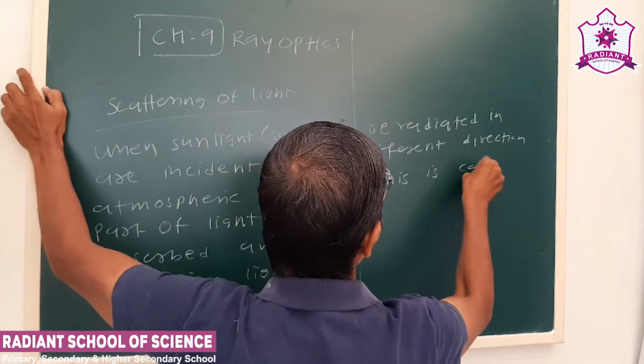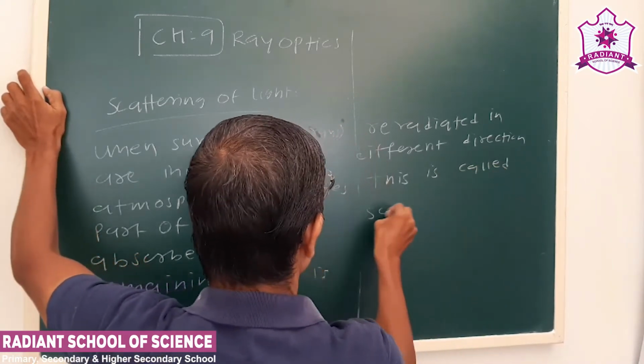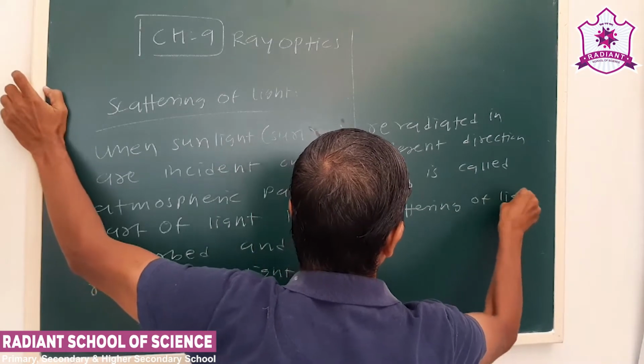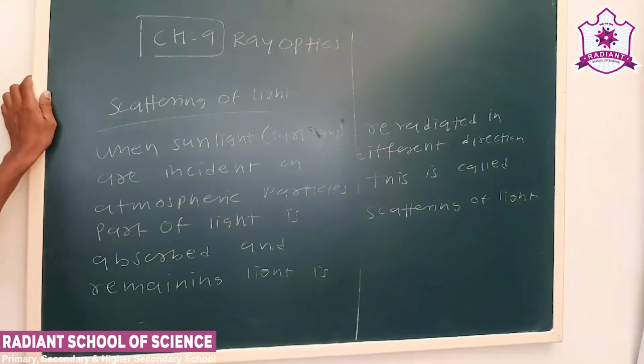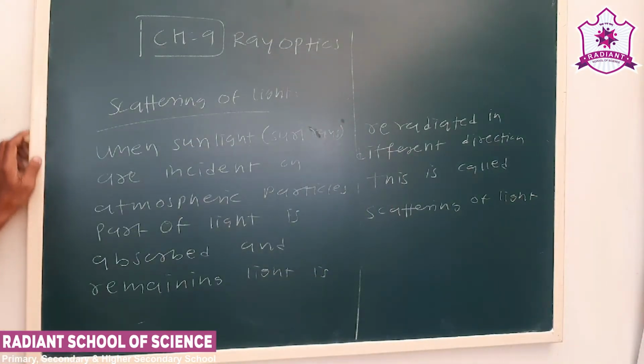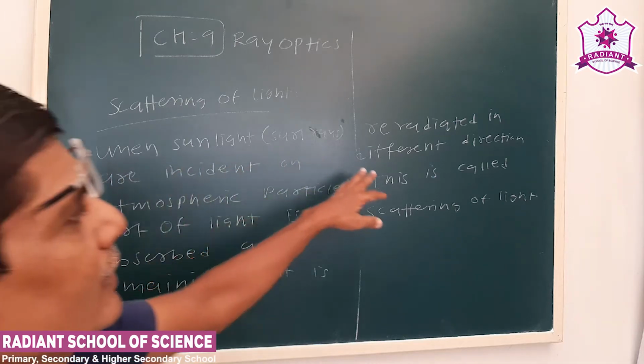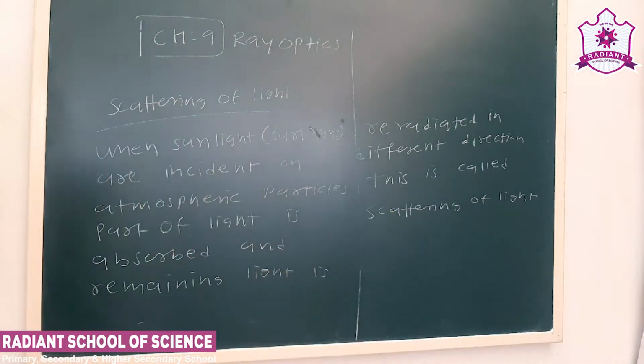This is called scattering of light. See, when sunlight or sun rays fall on or are incident on an atmospheric particle, part of the light is absorbed and the remaining light is re-radiated in different directions. See, this is called scattering of the light.